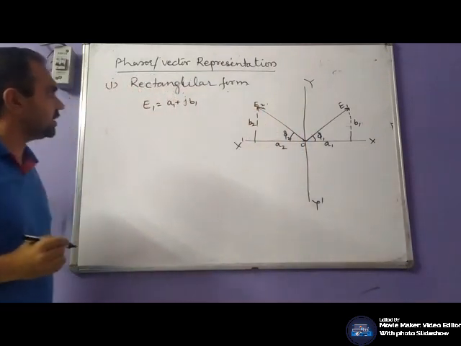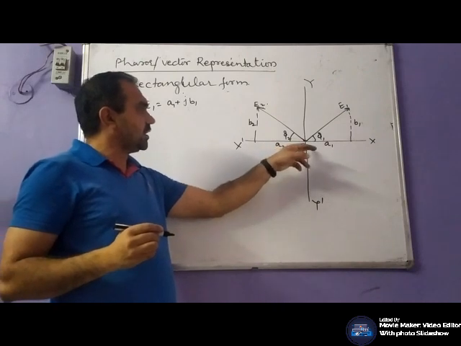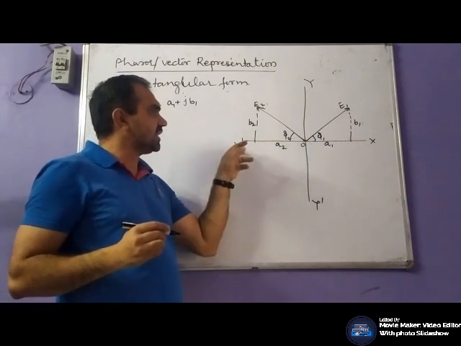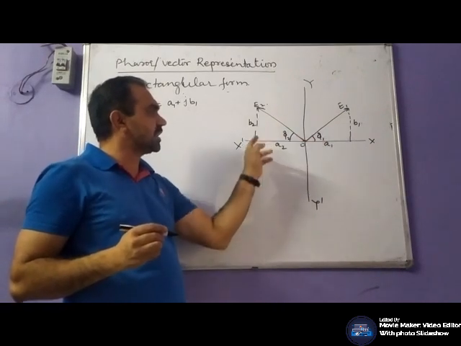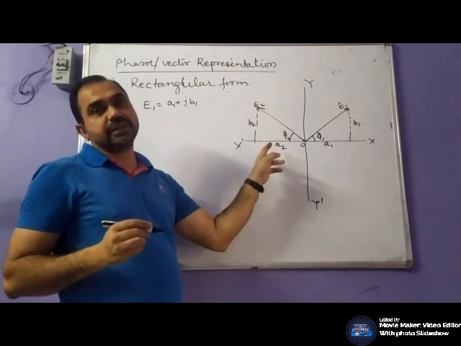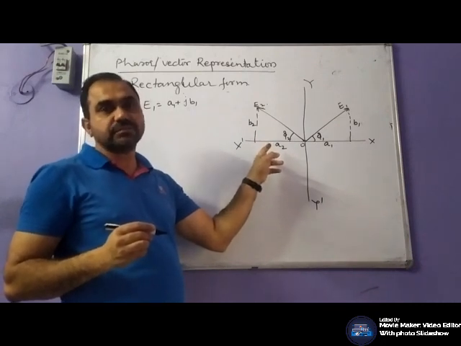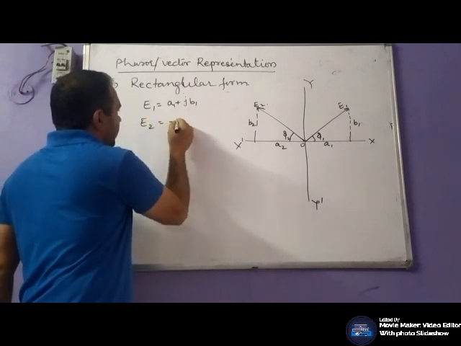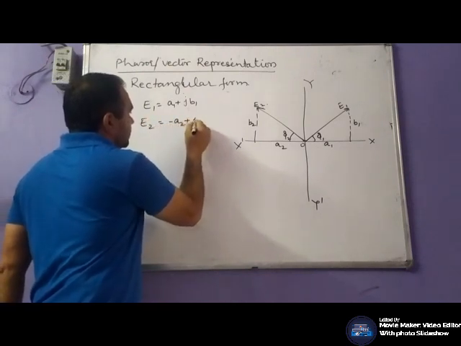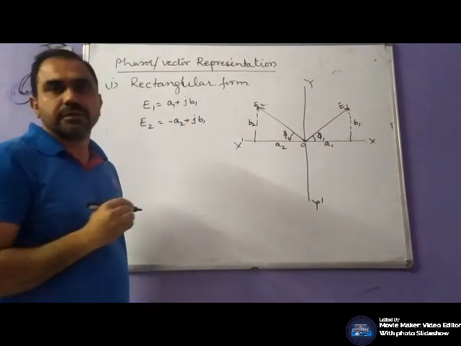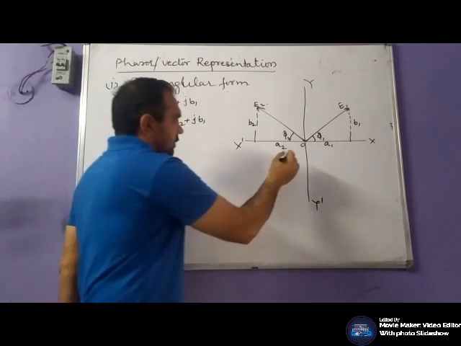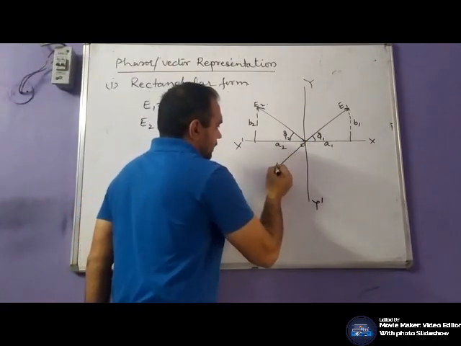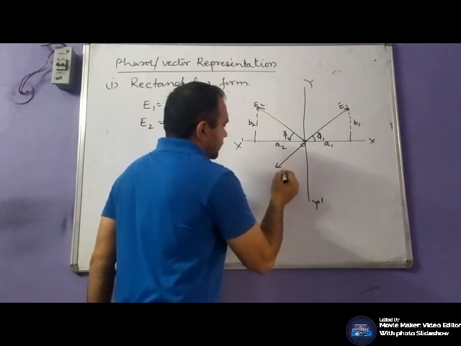How will it be represented? Now it is on the OX axis, meaning the operator is multiplied with j square. j square means minus 1. It will be multiplied with minus 1. For example, it is here E3.